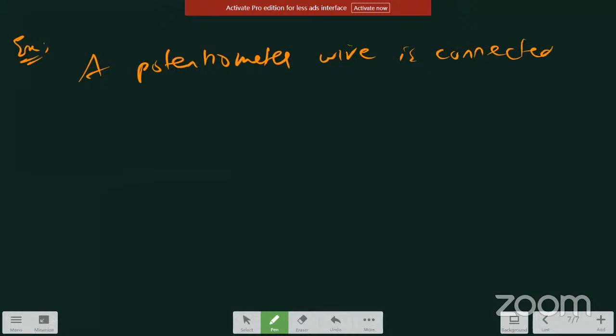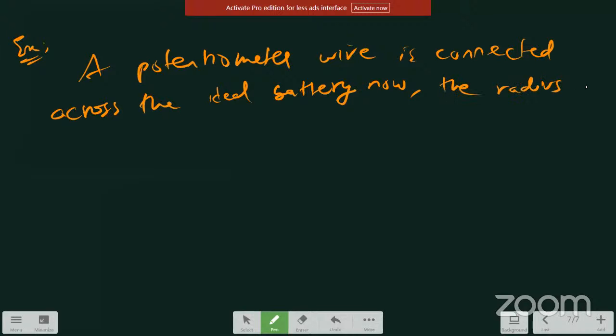A potentiometer wire is connected across an ideal battery. Now, the radius of the wire is doubled without changing its length.